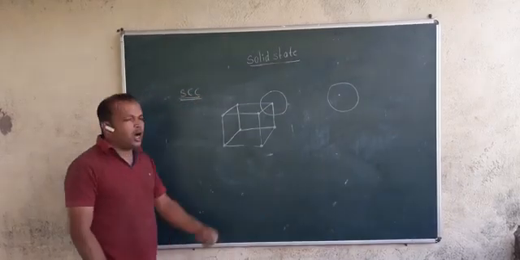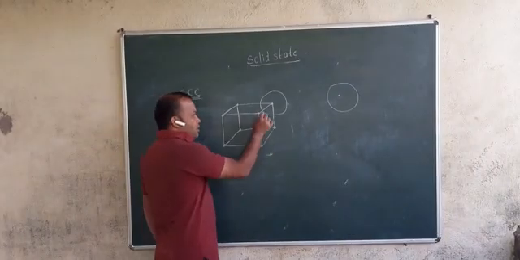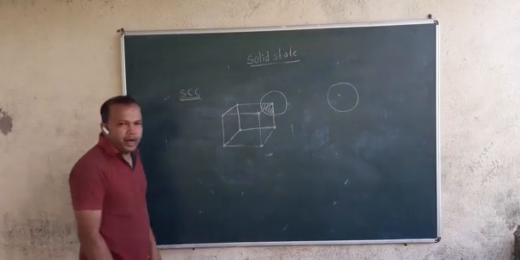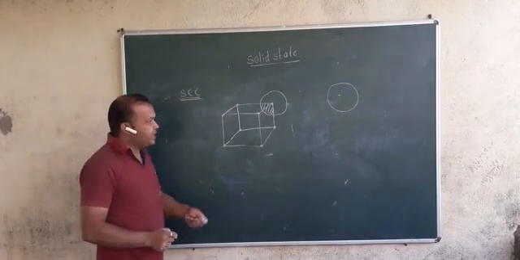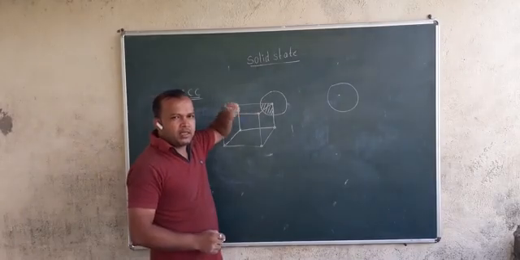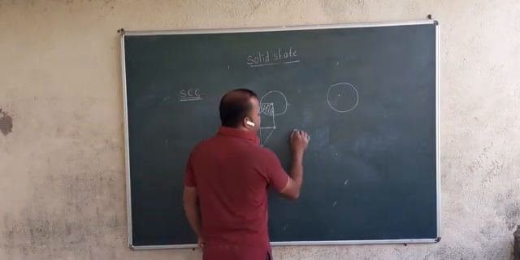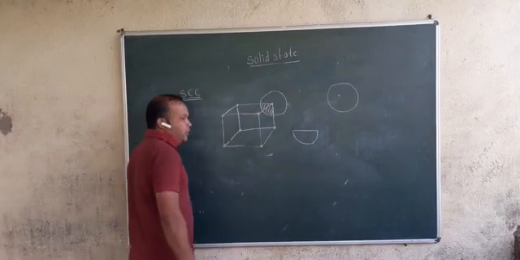So how much part of this circle belongs to this unit cell? That means this much part. I can definitely see that half of the circle is outside this unit cell, so I'll draw only half of the circle.